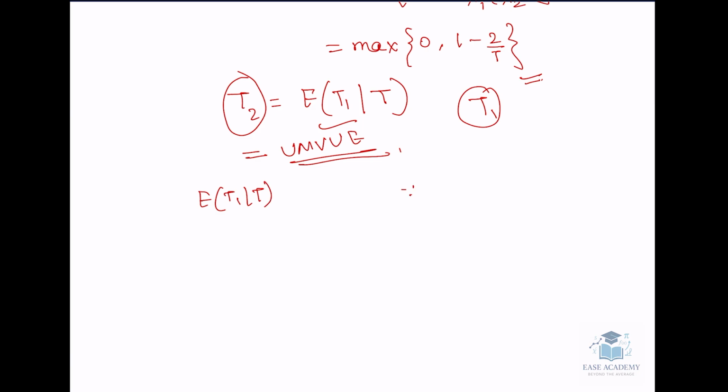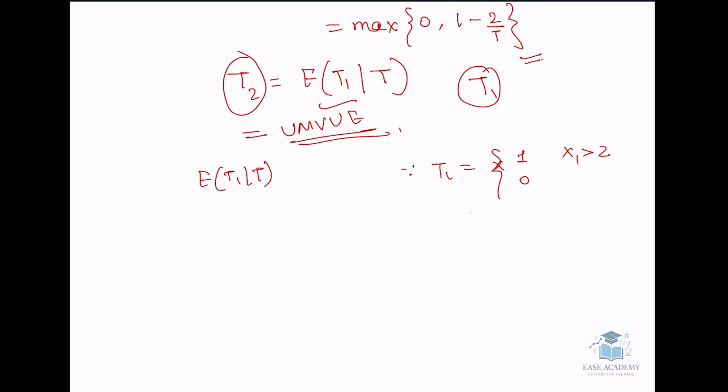Here T1 is nothing but 1 for X1 greater than 2, and 0 otherwise, and T is X1 plus X2. We know that X1 by X1 plus X2, take it as U, where X1 is exponential theta, X1 plus X2 is gamma 2 comma theta, and X1 and X2 are independent.